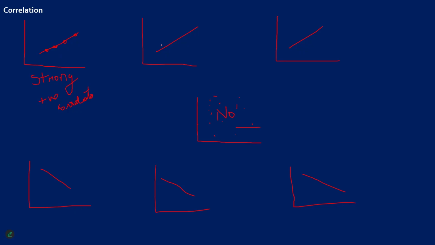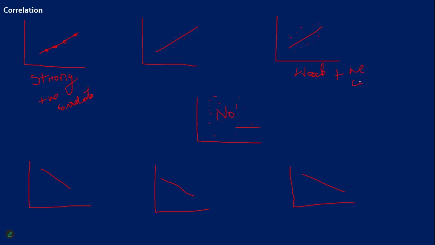Let's say we have something like this. So this is weak. Okay, weak. It's positive only. It's positive correlation only.